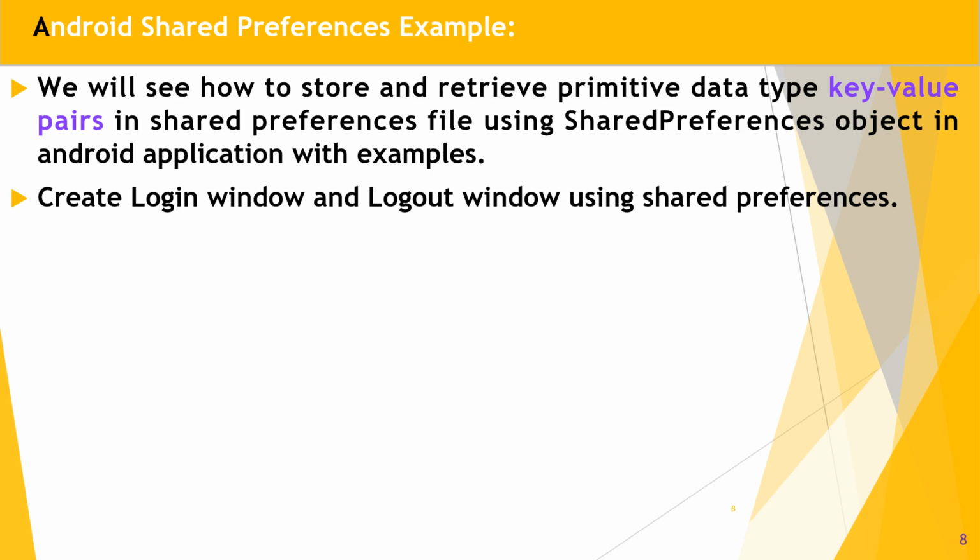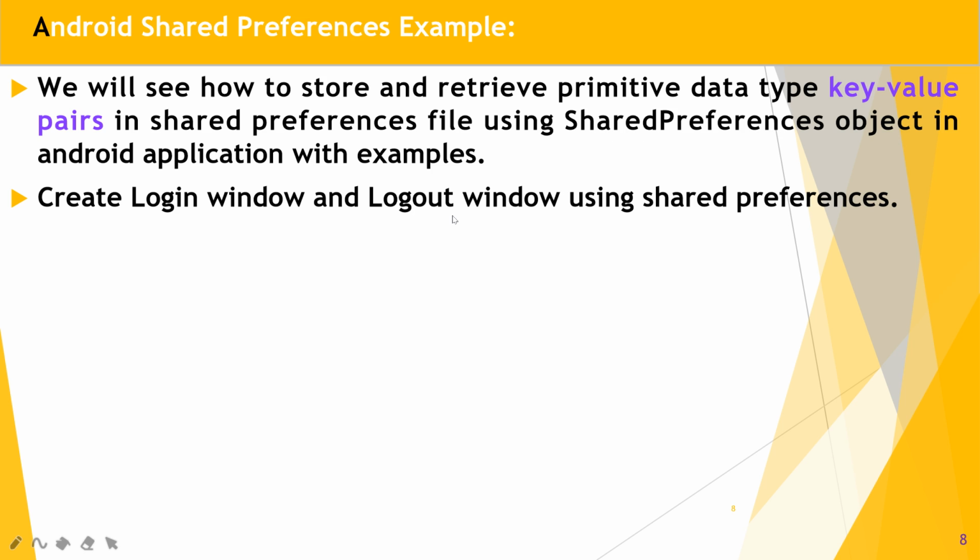If it is wrong, it shows a toast message that the credential is wrong and remains in the same login window. If the credentials, that is username and password, are correct, then it switches to the other window, the logout window, while storing the key value pair, username and password, into the shared preference file.